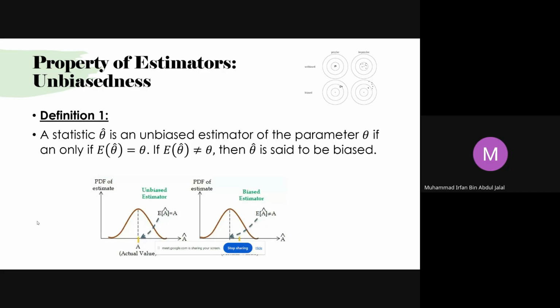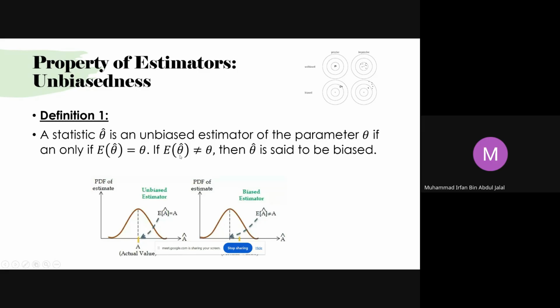So we're going to go into the first one, definition one. The first one is unbiasedness. Definition one: a statistic, or call it an estimator, theta hat, is an unbiased estimator of the parameter of interest, theta, if and only if the expectation of theta hat, for example the average of your sample means, is equal to the true parameter theta.